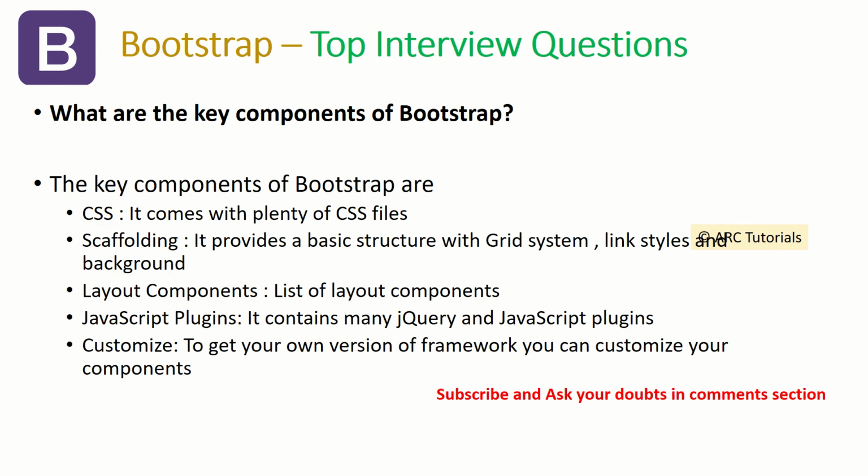The next question is, what are the key components of Bootstrap? The key components of Bootstrap are CSS. There are plenty of CSS utilities, classes, and tools that help us develop applications faster and in an easier way. Scaffolding: it provides a basic structure like the grid system, link styles, background, and typography.